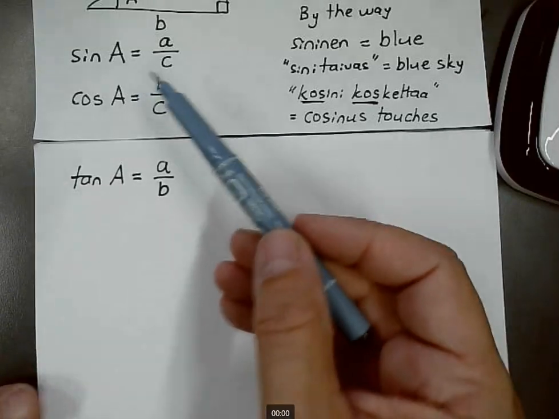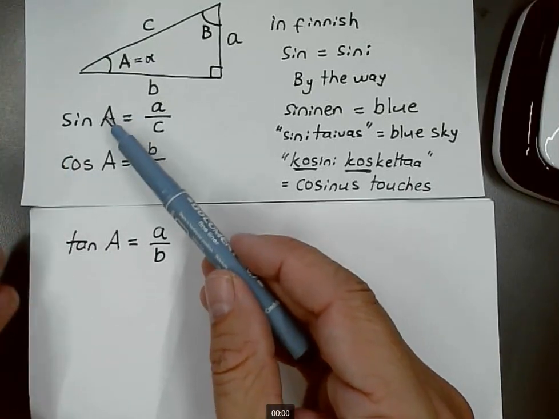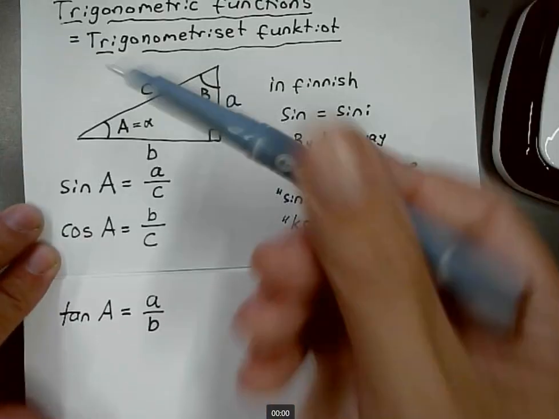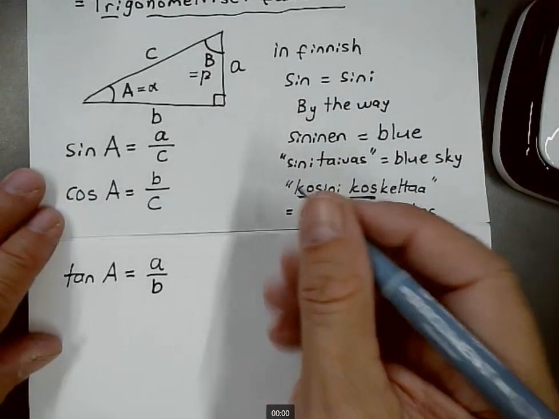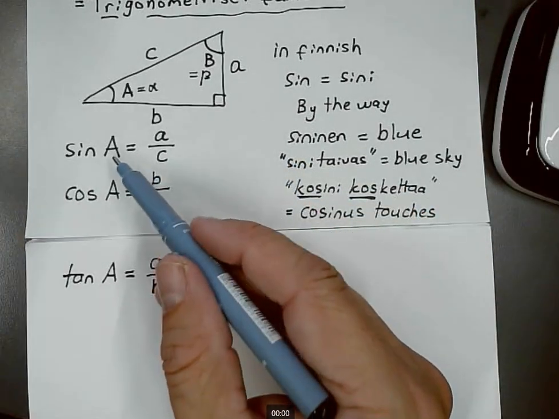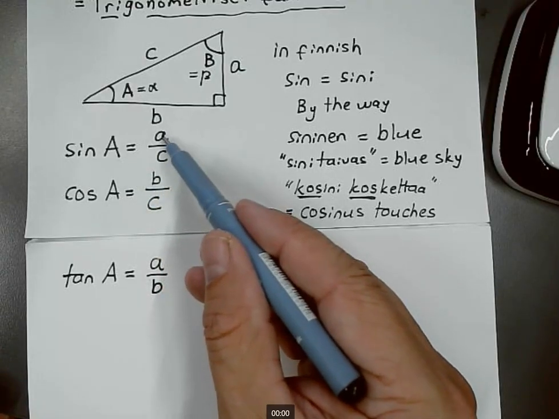If we change the angle, so we get B here, this angle B, which is the same as beta. If we have B here, we must start with B here.